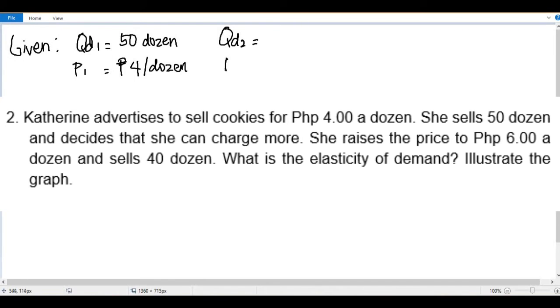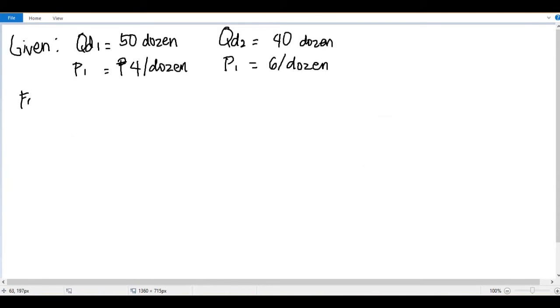And then for QD2, nung tinaasan niya yung price at 6 pesos a dozen, ang bumibili na lang sa kanya is 40 dozen, ang nabebenta niya. Ibig sabihin, ang nabibili sa kanya is 40 dozen na lang. We saw a difference, a change.